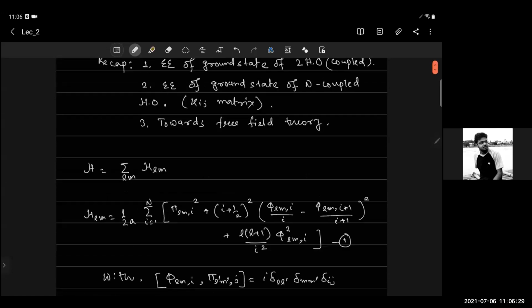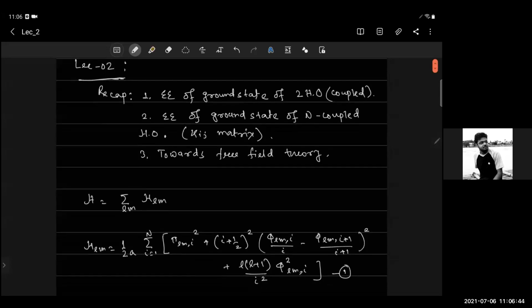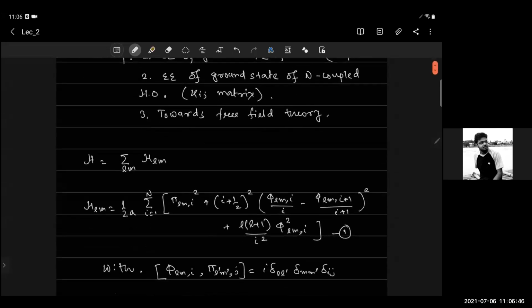Now we apply the same procedure that we developed for the n coupled harmonic oscillators. Which is basically, you write down the Kij matrix and you subdivide the Kij matrix into A, B, B transpose, and C. You integrate out the first n oscillators or the last N minus n oscillators.